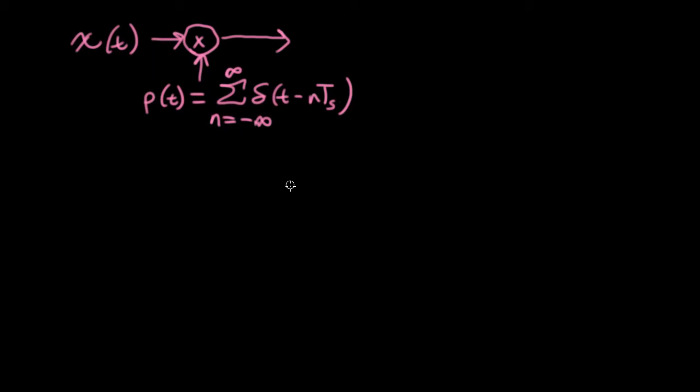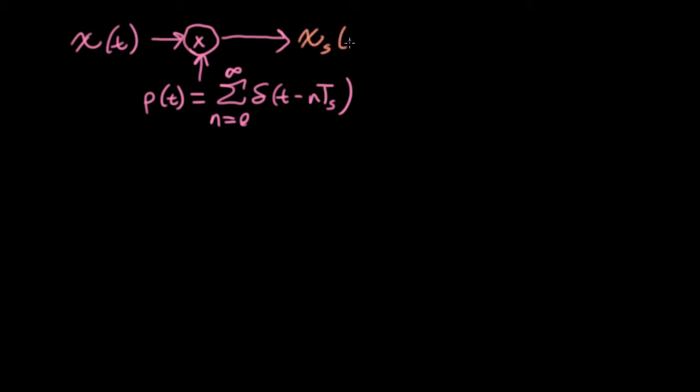Because we're in the realm of unilateral Laplace transforms, and I didn't want to deal with all of the mess of regions of convergence that show up with bilateral Laplace transforms, I'm going to change this lower limit to be n equals 0, and we're not worrying about what happens for the function for t less than 0.